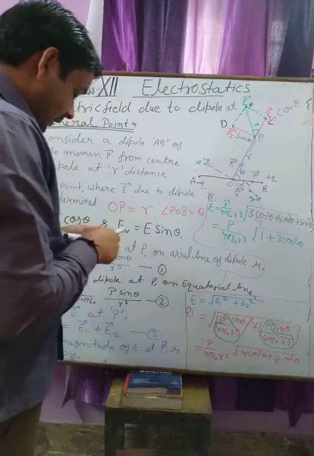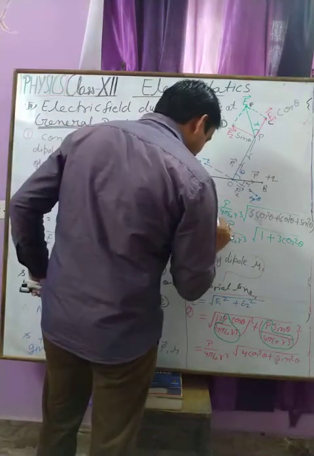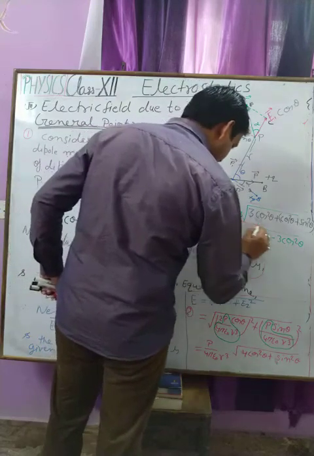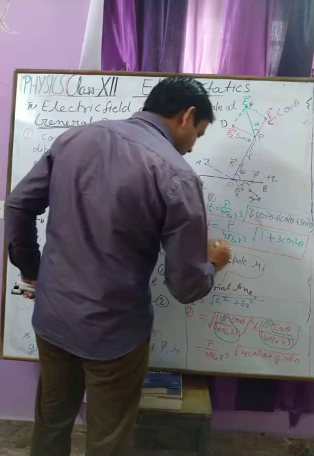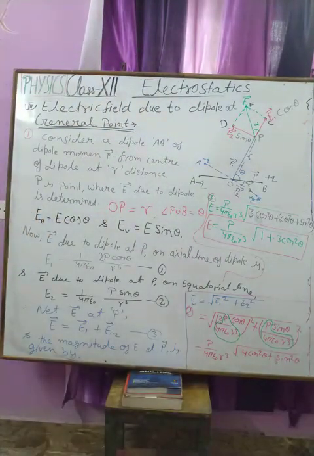This is the electric field due to a dipole at a general point. Okay, student. Complete this.